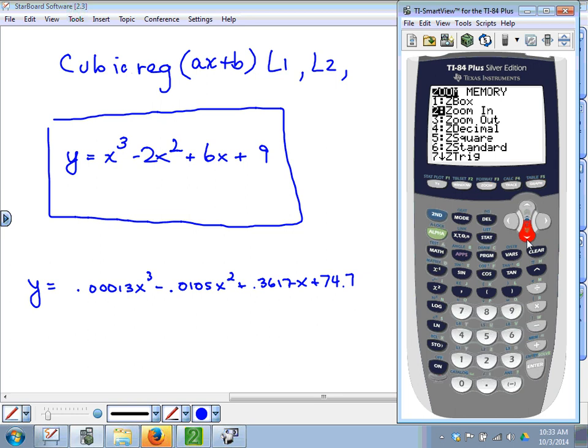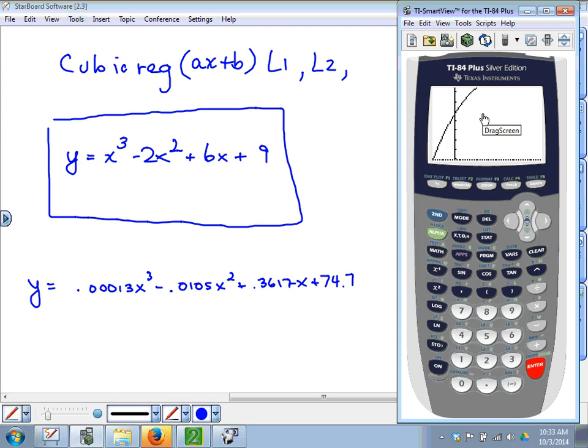And we've been using the stat button a lot, haven't we? So go down a couple of options to where you see something called zoom stat. I want to see what happens if you hit enter on that. Hit enter on zoom stat. Does it show you something kind of like this? Still no?